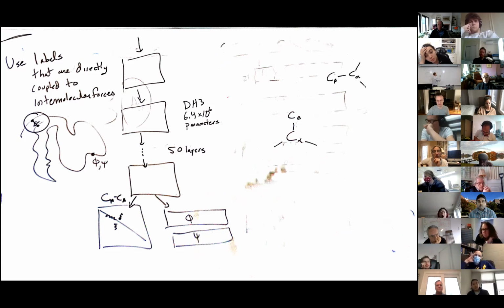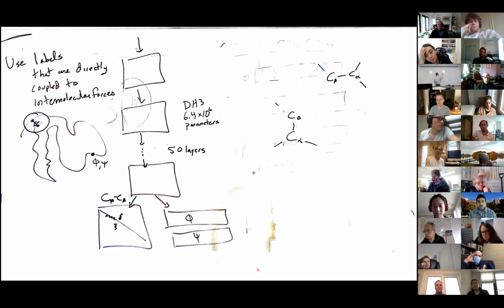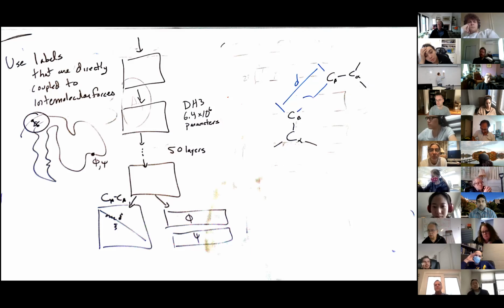So the simple thing that everybody's been doing since CASP 13 is looking at that distance. Well, you can also say, how are these rotated relative to each other? I'm going to call that omega. You could also say, where are these backbones?